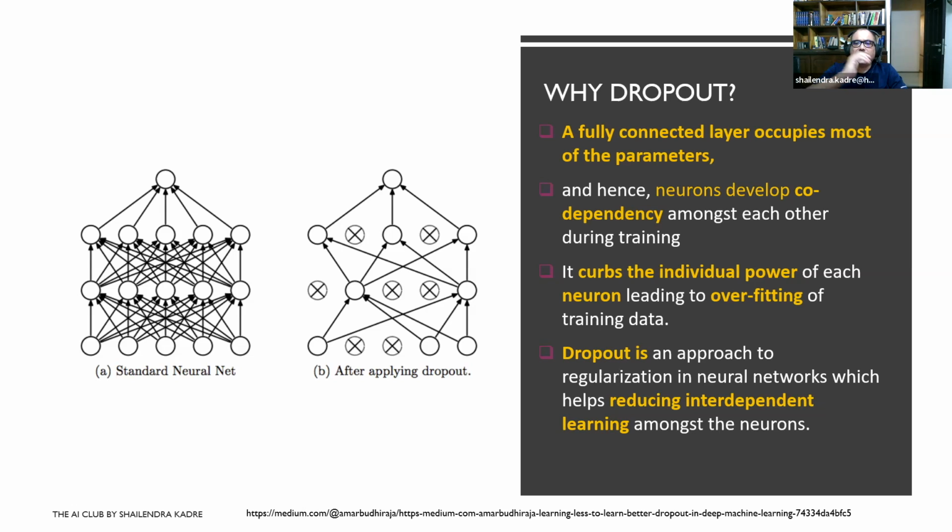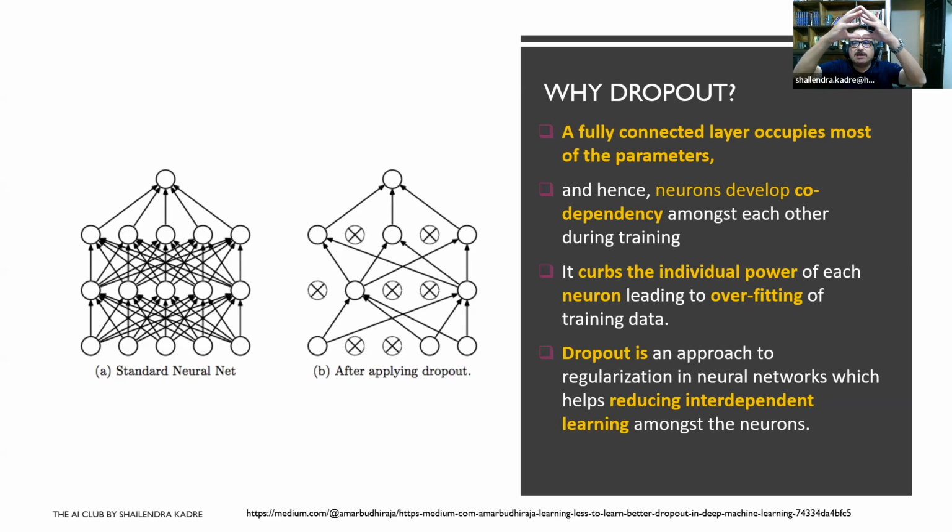So that is the idea behind the dropout layer. That's the main idea behind the dropout layer. We don't want neurons to form clusters. We don't want interdependency to develop between the neurons. We want all the neurons to learn independently.